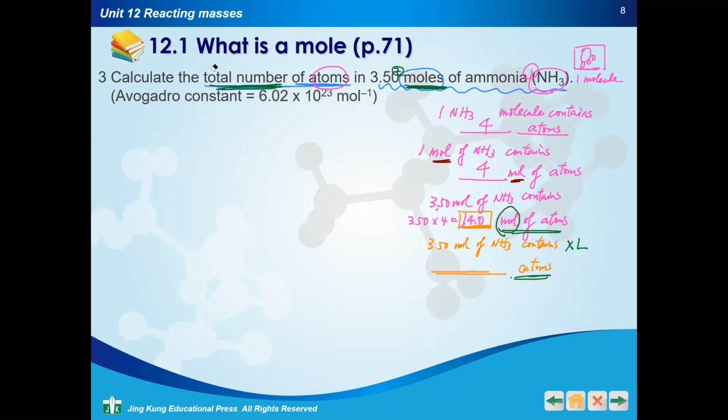So the answer is 14.0 mole times Avogadro's constant. So what is the answer for atoms? 8.43. The answer is wrong, so little. There should be something more inside.